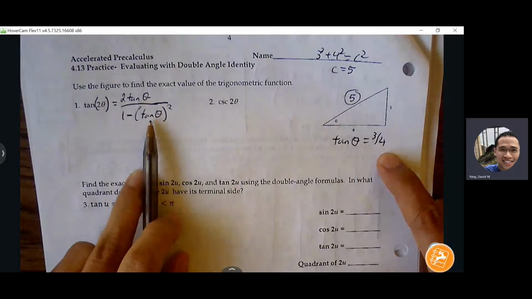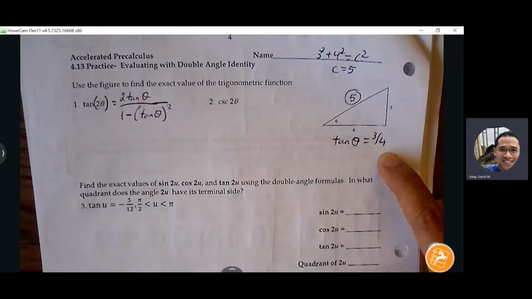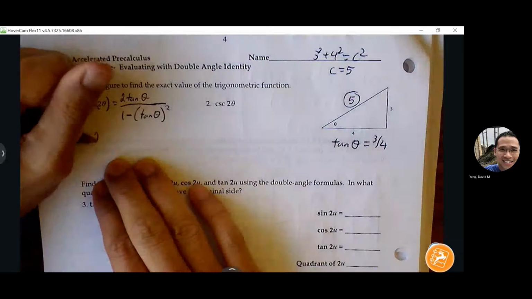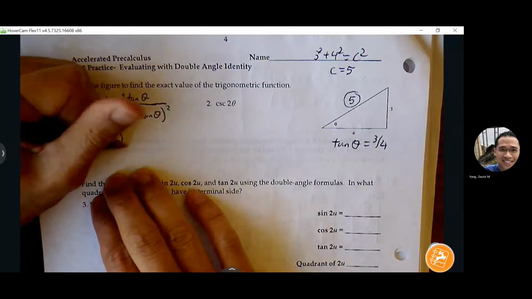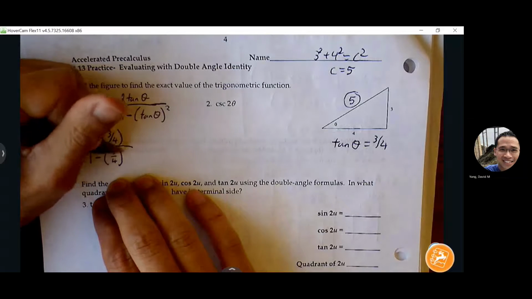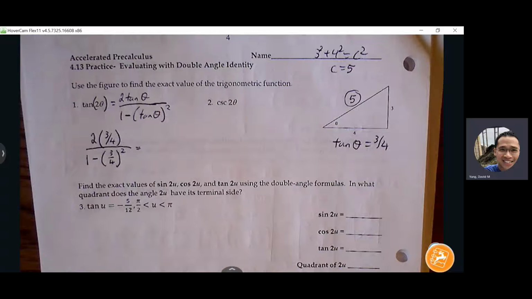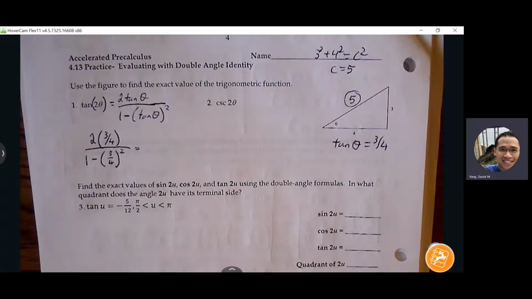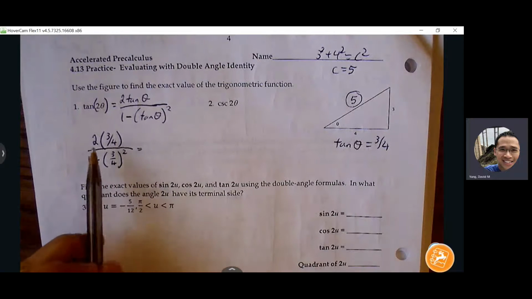So replace tangent of theta with 3/4, and then we'll just resolve that fraction, get it down to a number. For now, we can use our calculators.